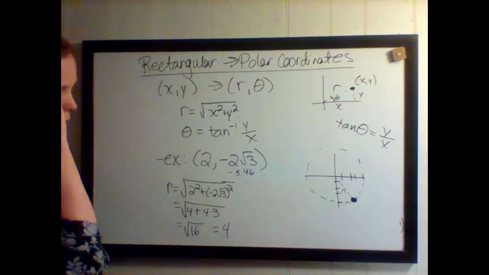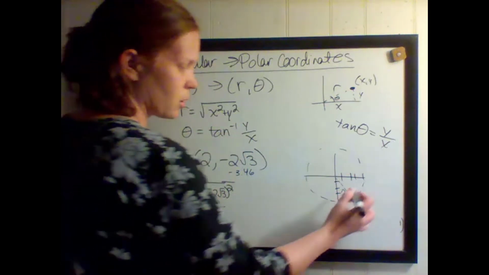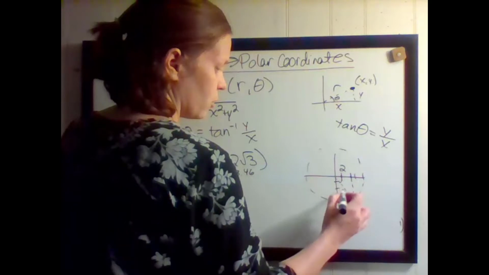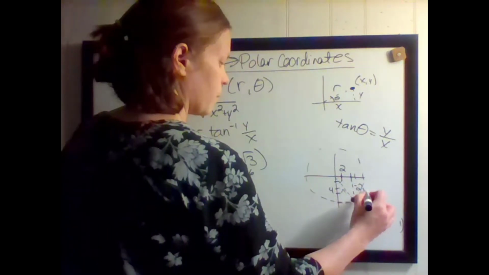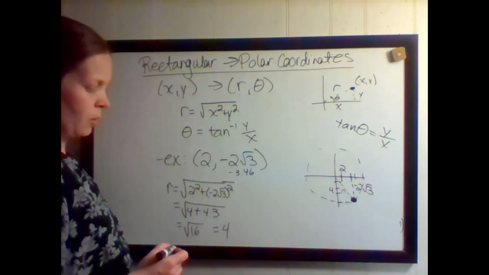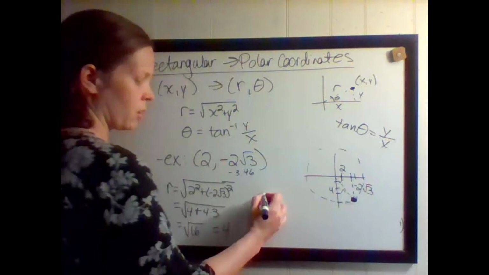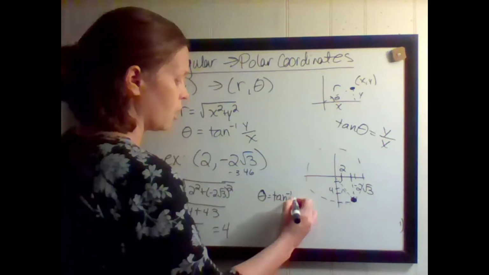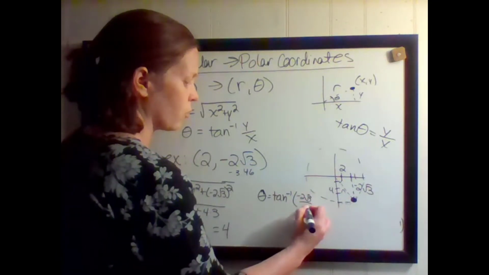Now for my angle, I had said here to use tangent of theta, because this is 4, 2, negative 2 root 3. Really I could do sine, cosine, or tangent, but to be consistent, let's do tangent inverse of y over x. So negative 2 root 3 over 2.